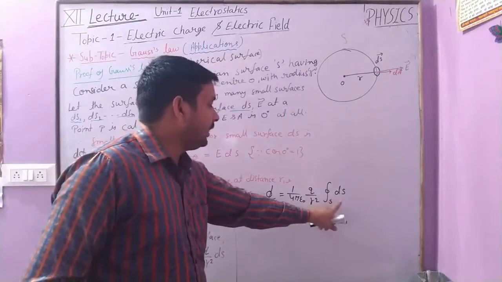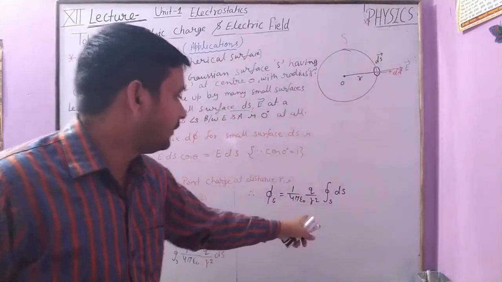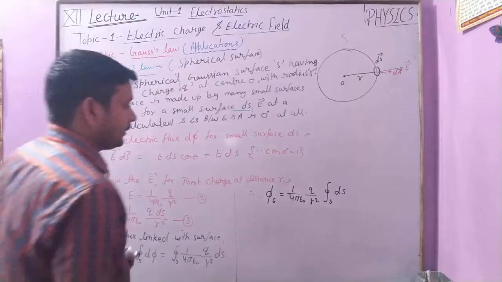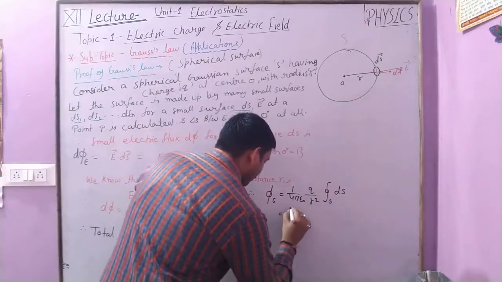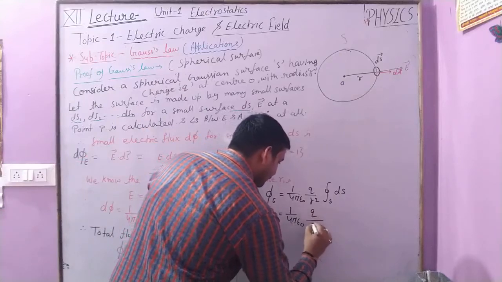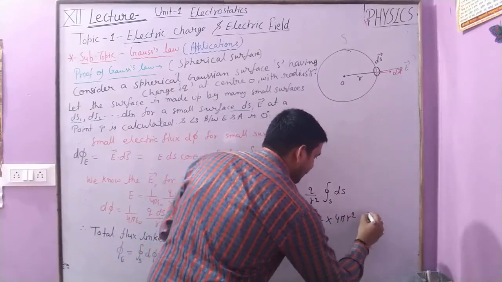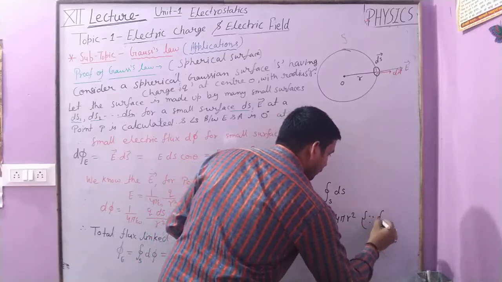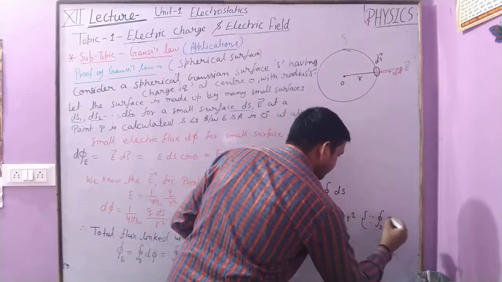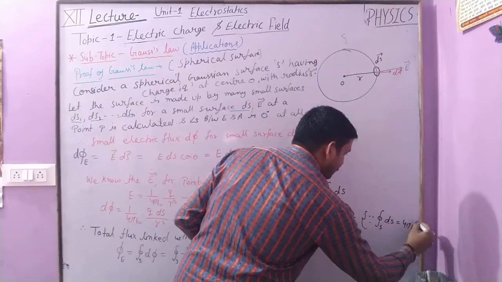Now we use here the surface area of a charged sphere, which gives 1 upon 4 pi epsilon naught q upon r square into 4 pi r square, because the total surface area of a sphere is 4 pi r square.